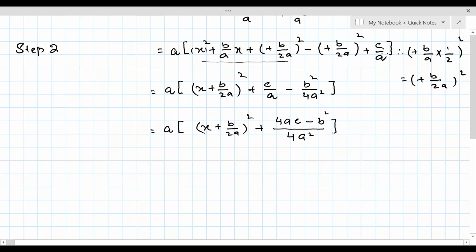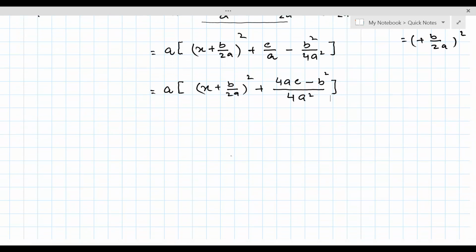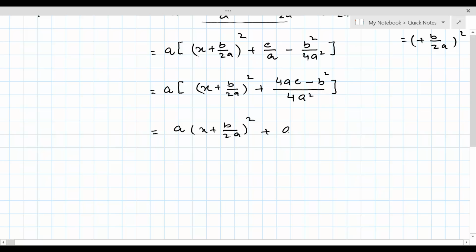And then we multiply a from outside, and this gives us a times x plus b over 2a whole square plus a times 4ac minus b square divided by 4a square.